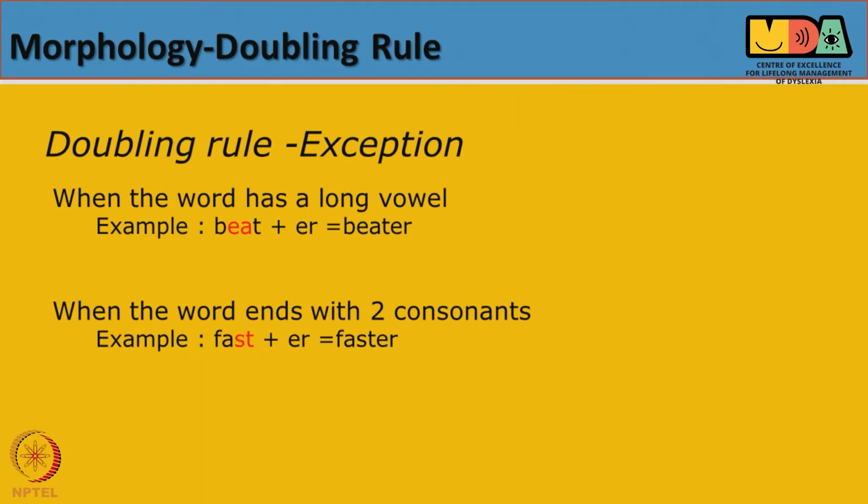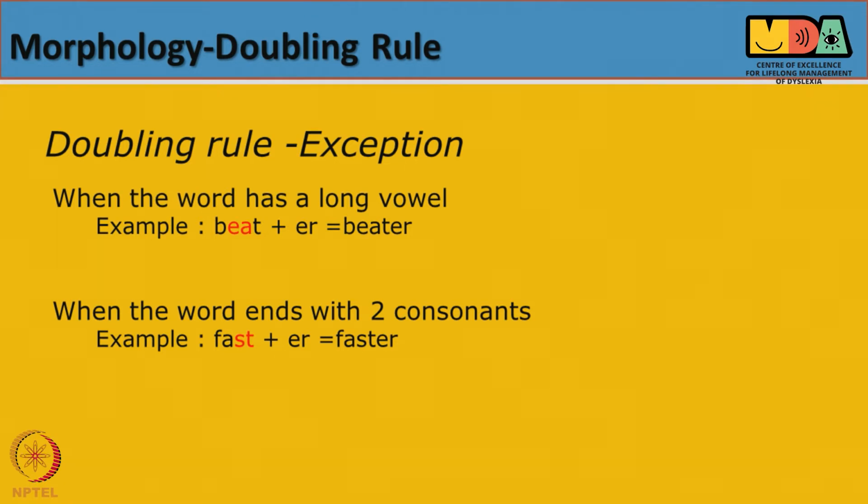So, beat plus ing would just be adding ing to the word beat and it would be beating, or the example given to you, beater. BEAT would be your root word and the suffix is simply added to it.